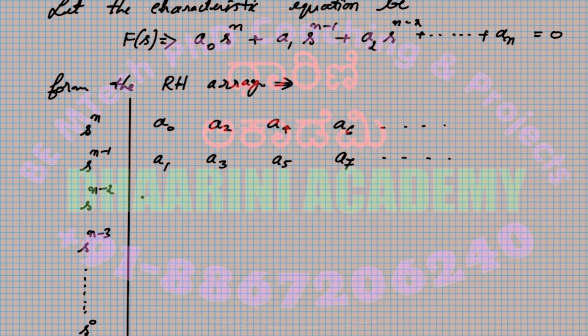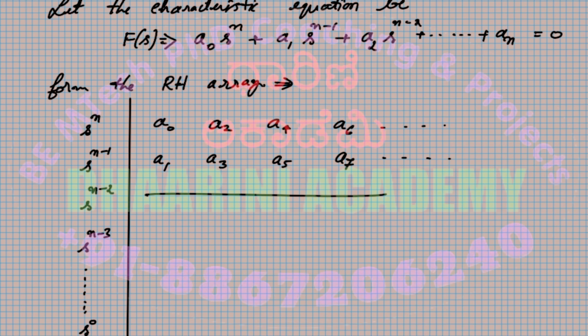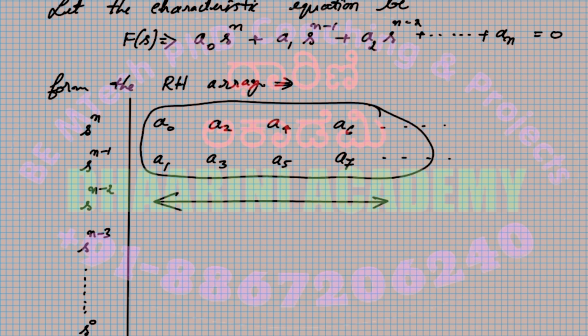Then I need to calculate the values corresponding to all the next rows. Every row we need to calculate depends upon the previous two rows. In the sense, for row number 3, I have to use the two rows above to get the value present over there.